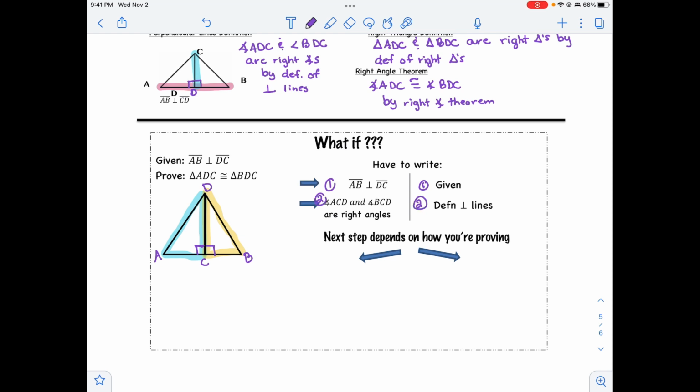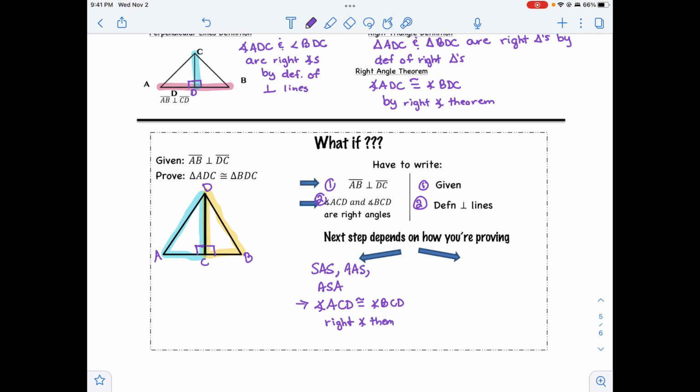And then our next steps depend on what we're trying to prove. So if we're trying to prove triangles, or trying to prove a certain angle, it could be different, okay? So it just depends. If we're trying to prove SAS, so side angle side, or angle angle side, or angle side angle, we would need to look for our angles of ACD being congruent to angle BCD, and that would be the right angle theorem.